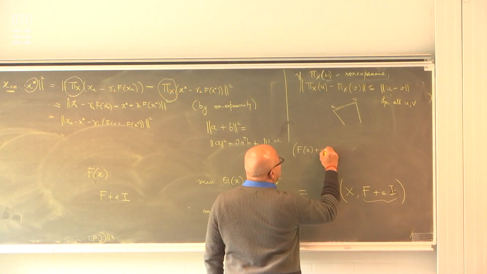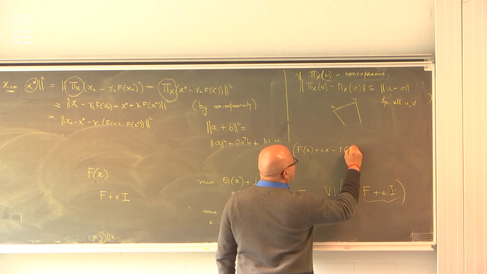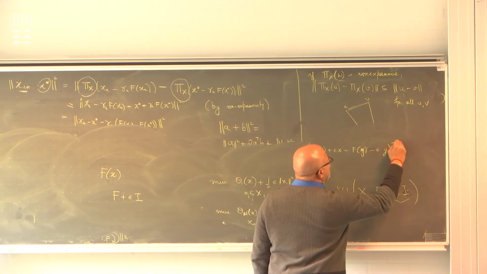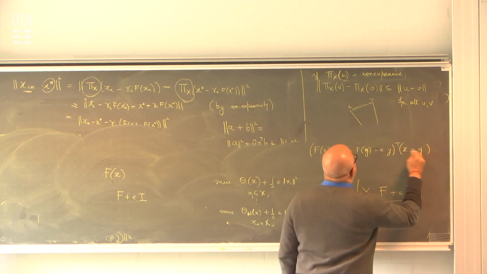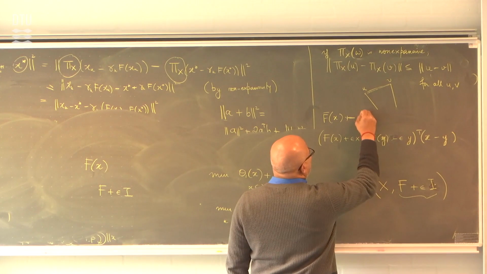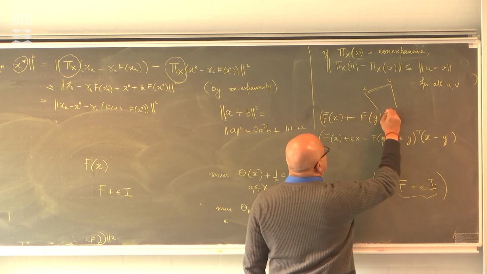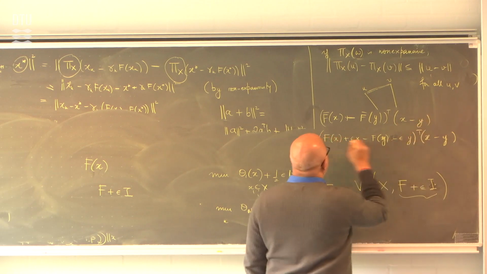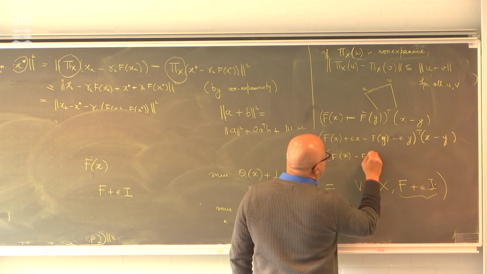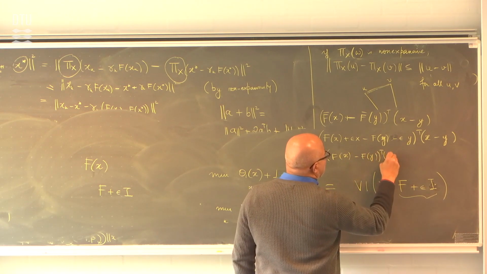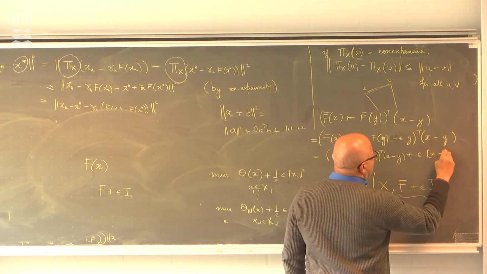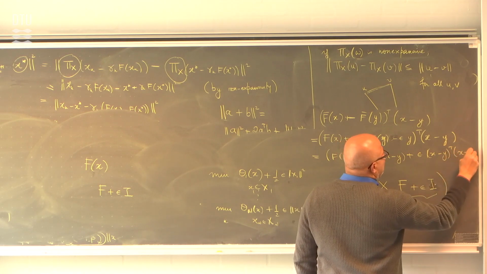You say F of x plus epsilon x minus F of y minus epsilon y. I'm trying to prove that the map is strongly monotone. So how do I prove that? I prove it as F bar x minus F bar y transpose x minus y, which is the same as F of x minus F of y transpose x minus y plus epsilon times x minus y transpose x minus y.